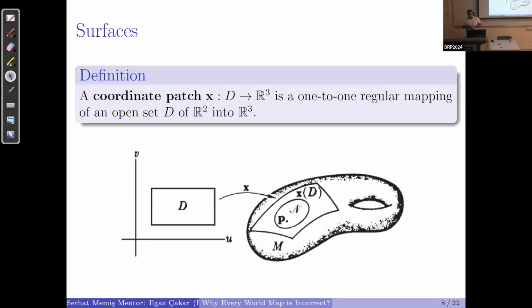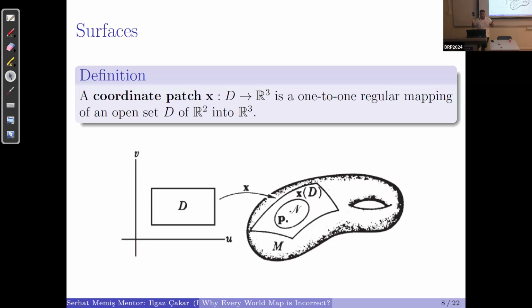Now we can define a surface. A surface is a subset of R3. Let's call this subset M. And if M satisfies a property, we call it a surface. What is this property? For every P in M, there exists a patch whose image contains a neighborhood of P. If this property is satisfied for all points in M, we can say that M is a surface.